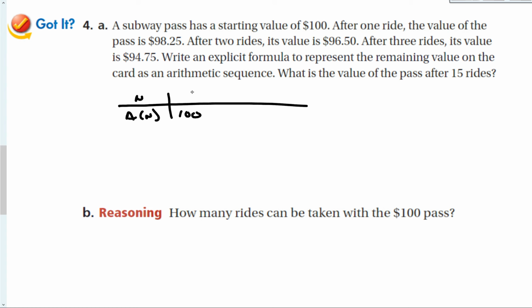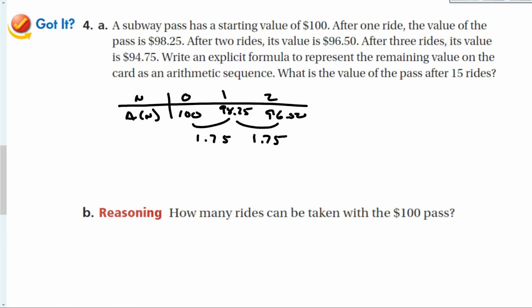This gets a little bit confusing, but it starts at 100. After one ride, the value of the pass is $98.25. After two rides, it is $96.50. If I look at the difference here, it is $1.75 for each one.